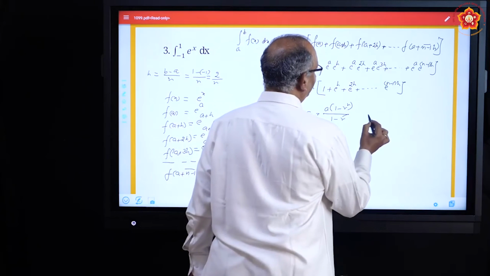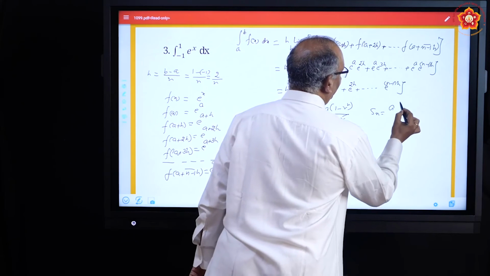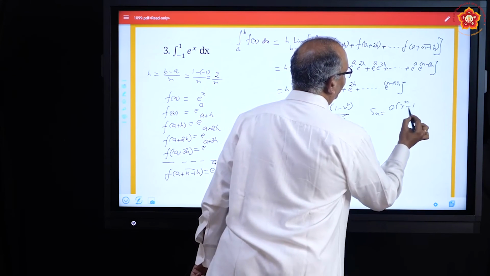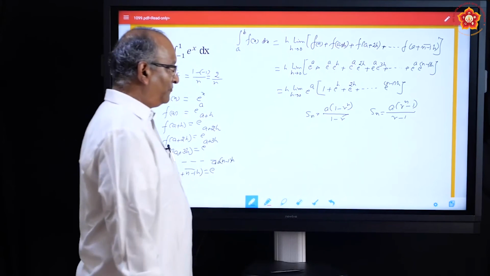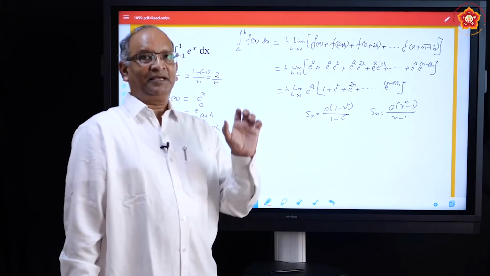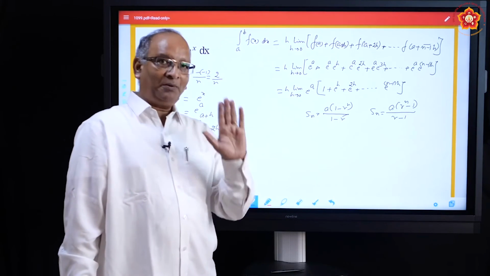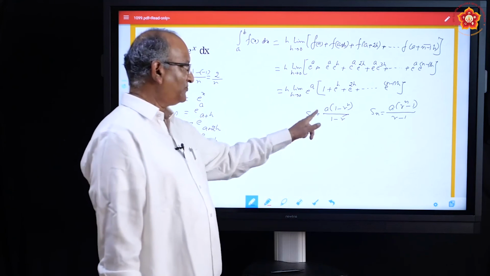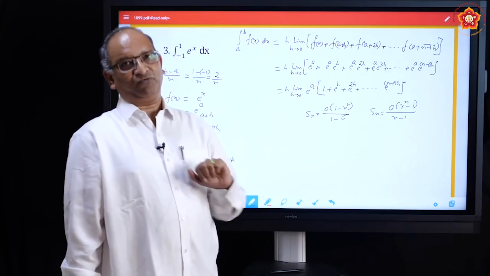The other one was Sn equal to a(r to the power n minus 1) by (r minus 1). Which one to use? There is a logic. The logic is r stands for common ratio. If the common ratio is less than 1, we use the first formula. If the common ratio is more than 1, we use the second formula.